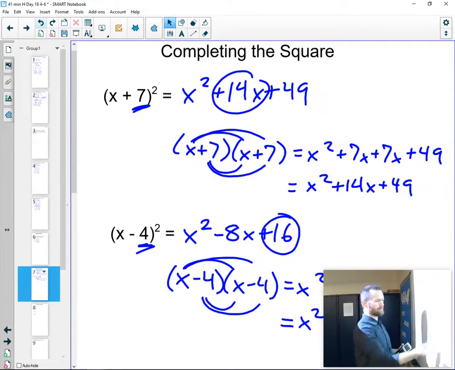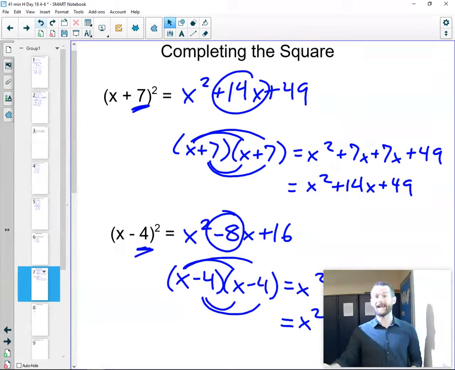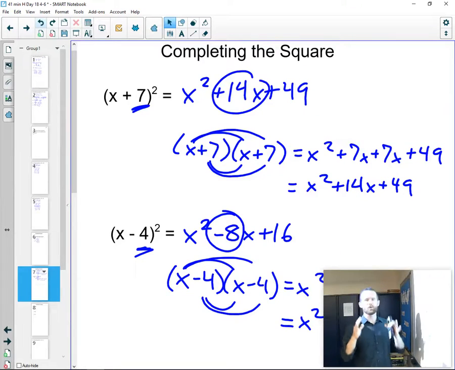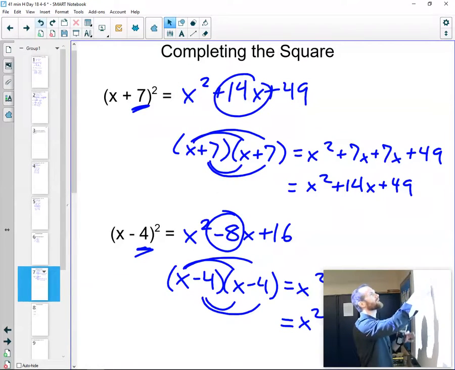What about the number in the middle, the 14 and the negative 8? Hopefully you're noticing that it's just double the number we started with. If we double 7, we get 14. If we double negative 4, we get negative 8. It's really important to see those patterns because what we're really doing when we're completing the square is essentially being given something that's not a complete perfect square.